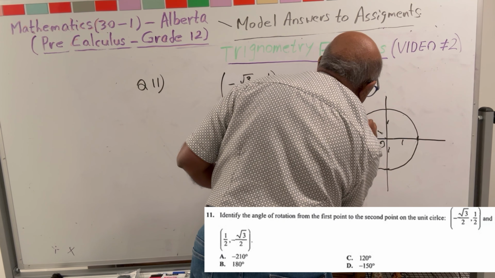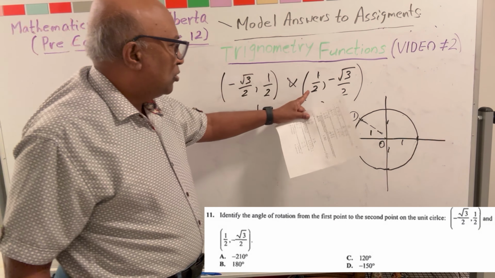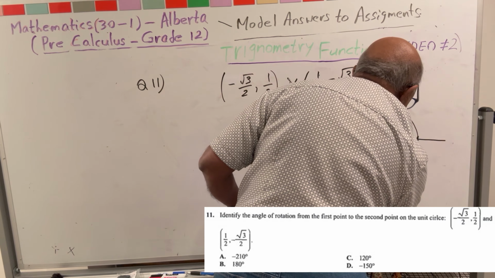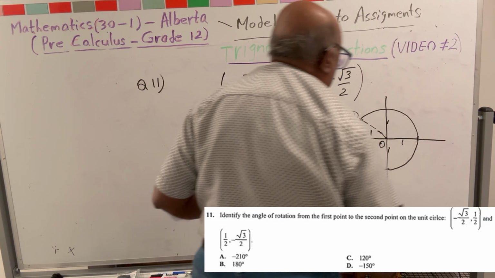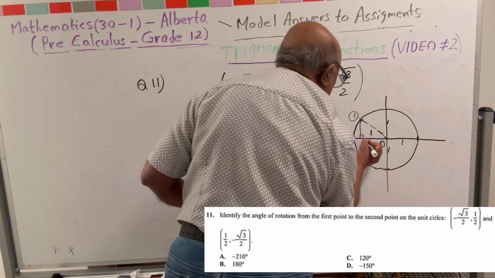This is the first point. Second point, x coordinate positive, y coordinate negative. Okay, let's figure out these coordinates and this angle.